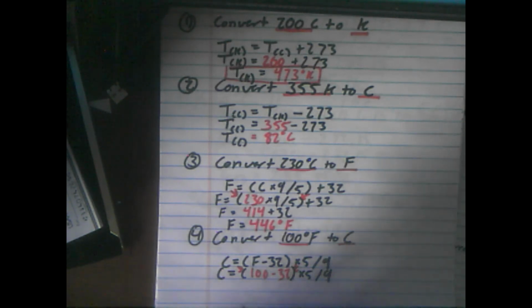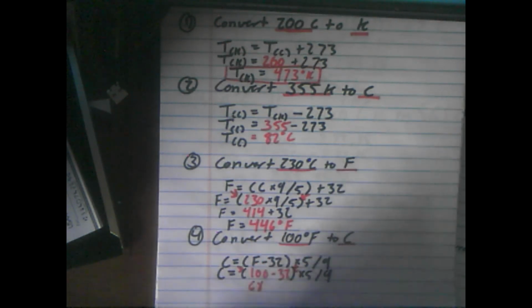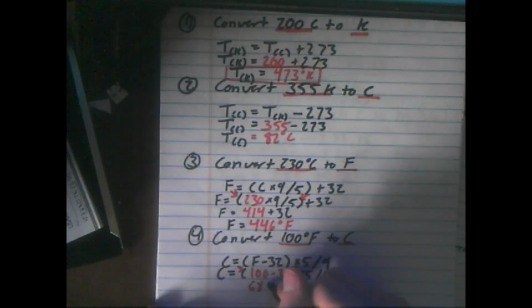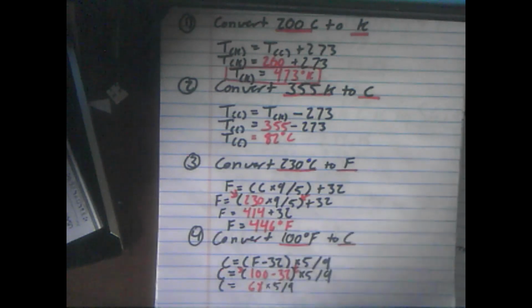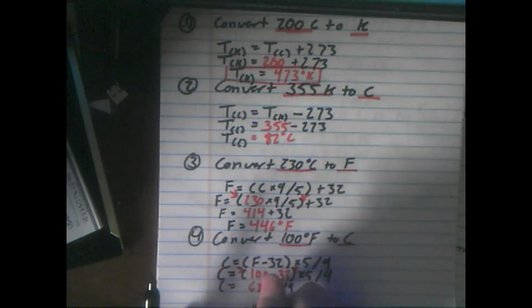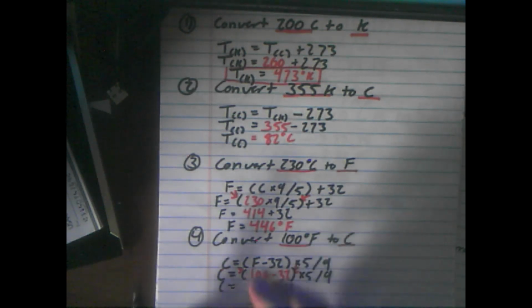Well, it gives us 68 times 5 divided by 9. So 68 times 5 divided by 9 gives you 37.7. It's repeating, so I just put 37.8 degrees Celsius.